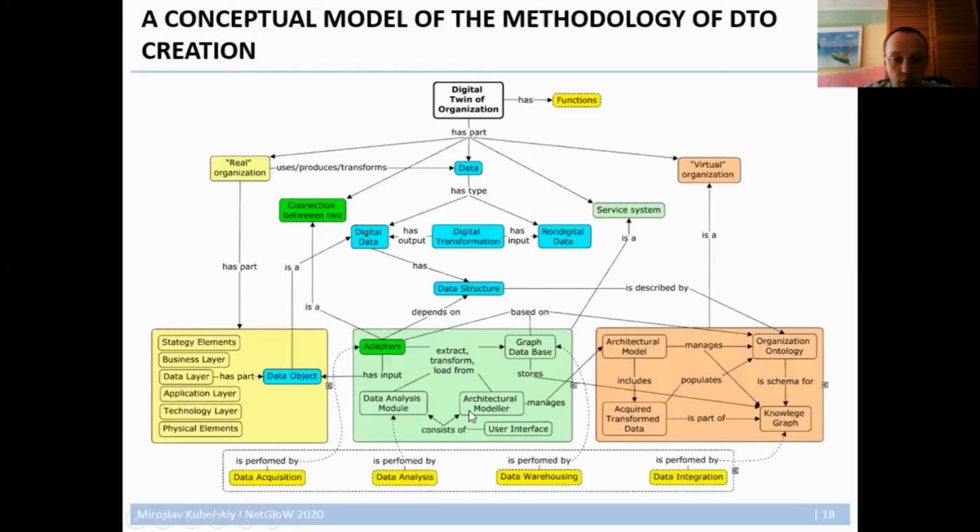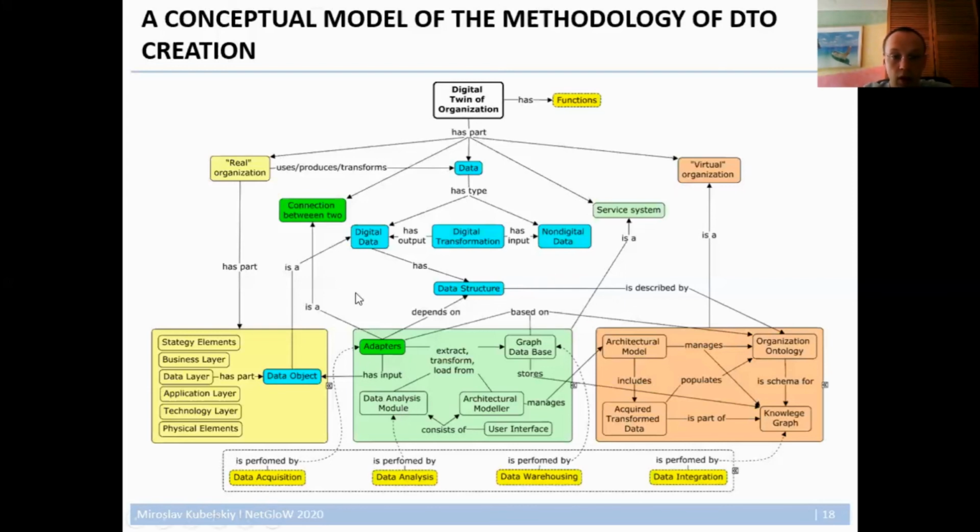Interaction with the service system occurs through the user interface, which includes an architectural modeler, which allows the construction of architectural models and a description of the real enterprise, as well as a data analysis module. The data allows applying various management decision support methods, including data visualization, machine learning methods, as well as various modeling methods such as imitation modeling, factor modeling, predictive modeling, and so on.